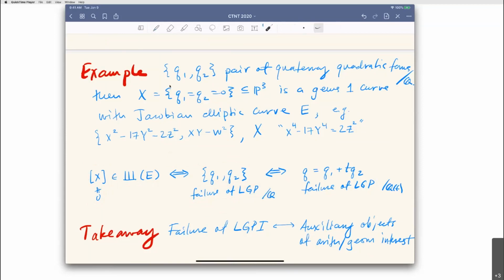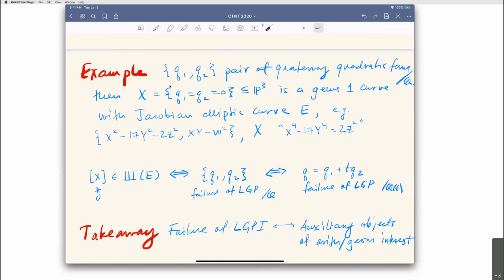And now this failure of the local-global principle for this pair of quadratic forms is equivalent, and here we're using Amer-Brumer because we're relating the existence of an isotropic vector on a pair to the isotropy of this pencil, that this pencil is a failure of the local-global principle over the field Q(T).